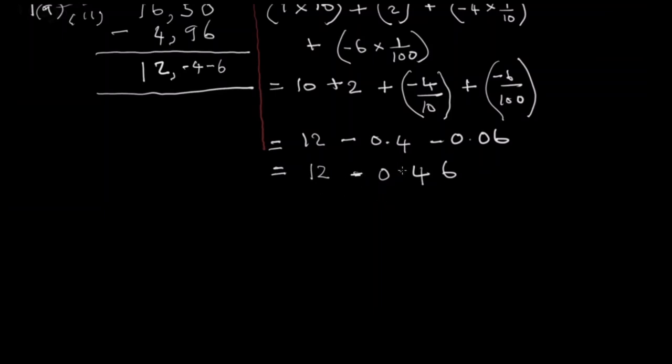So it's 12 minus 0.46. So let us see what these two zeros, remember, they are there to match decimal places. So here, let us not take the direct subtraction route. Let us take the traditional route.